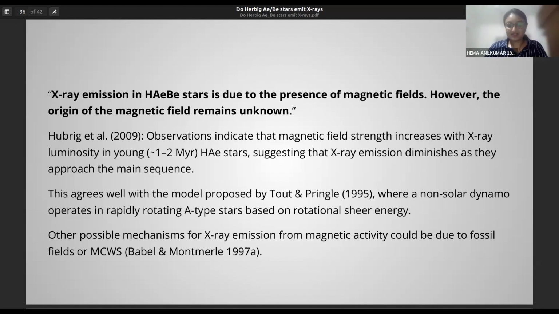Yeah, until now, we just know that a magnetic field could be responsible, but we really don't know which model would actually suit this. So that is why I mentioned "or" there.